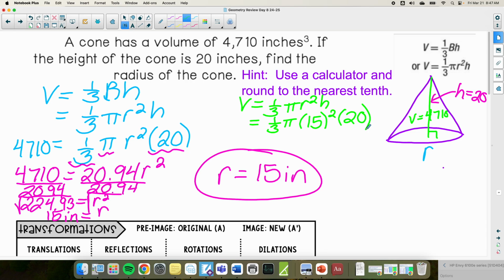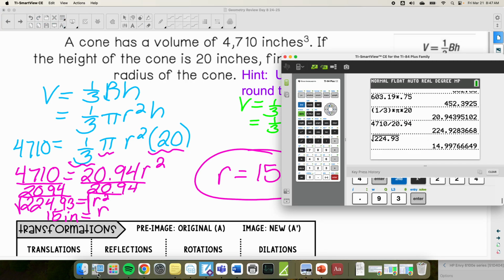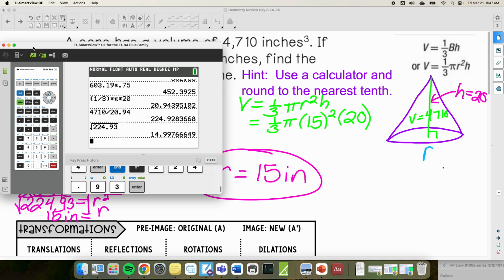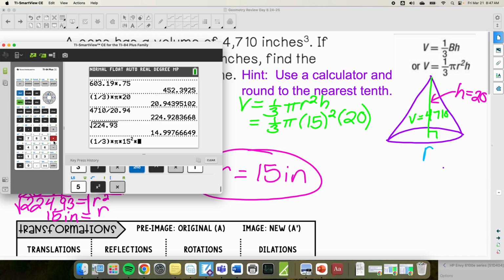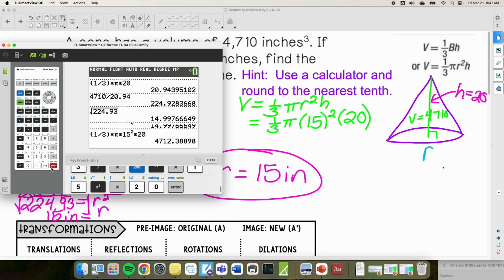So I could go to my calculator, because this one I can use a calculator on, and go parentheses 1 divided by 3, parentheses, times pi or 3.14, and then 15 squared times 20. And what you would want to be close to is that 4710. The reason it's not exactly 4710 is because of rounding, but that's close, okay?